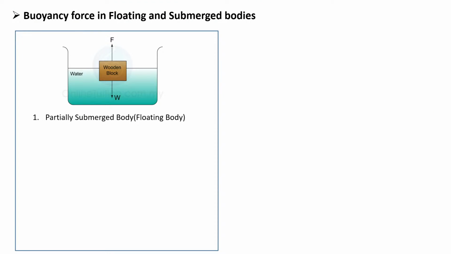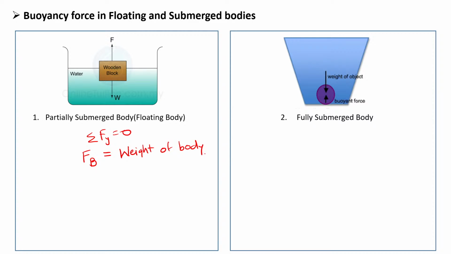Then buoyancy force in case of floating bodies. Since the body is in stable equilibrium, we can write summation of Fy equals 0. That means the buoyancy force acting in the vertical upward direction is equal to the weight of the body. But remember, this is in case of floating bodies only. In case of a fully immersed body, we cannot write like this.